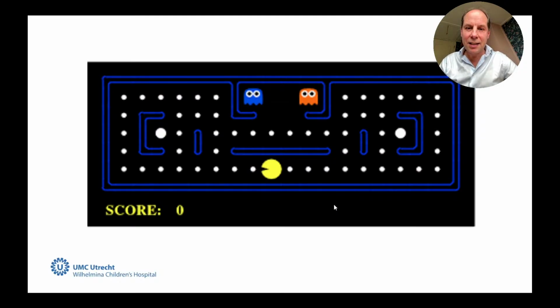This is a screen the older among you may recognize. It's one of the first computer games, Pac-Man, and it was very popular when I was a youth. And Pac-Man is the yellow circle in the bottom of the screen, eating white dots.